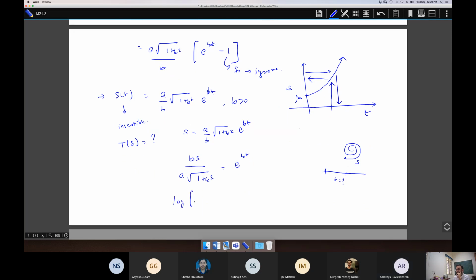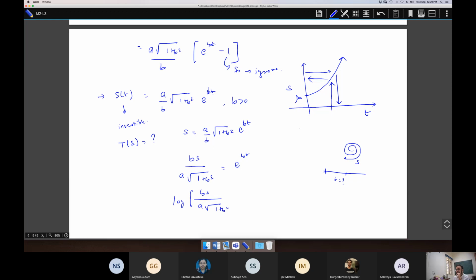And what will be on the right hand side? bt, correct. So you divide both sides by b and you will get this. So t as a function of s equals 1 by b log of bs by a root of 1 plus b square. Agreed?